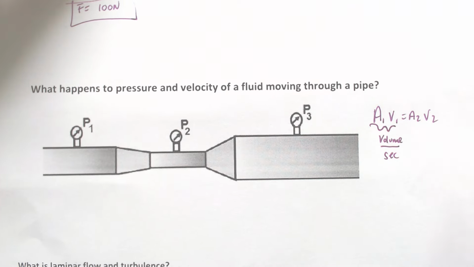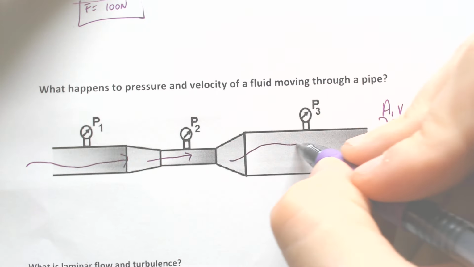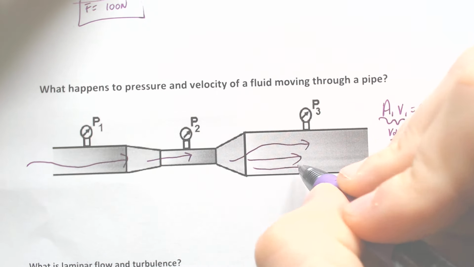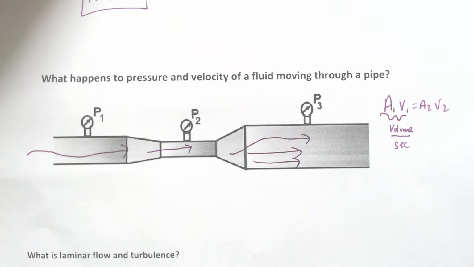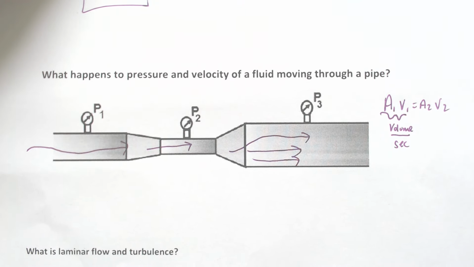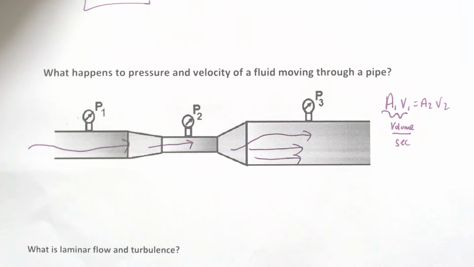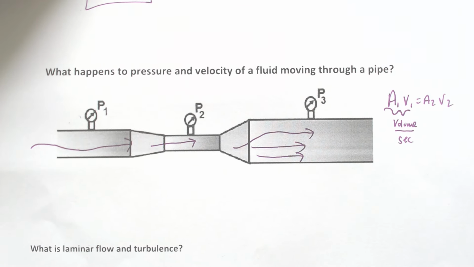And no matter what, if we have water flowing through this pipe right here, flowing through this little section and then flowing through this section, the amount of water has to remain the same in every single section. Okay? You can't have more water going through here than you have in the little section. Now, it will change the velocity though.